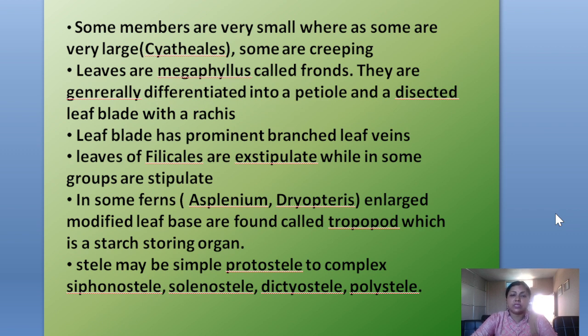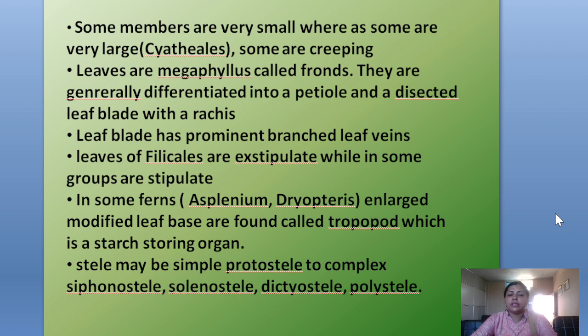Some are creeping, and the leaves are mainly large, so these are megaphyllous leaves called fronds. They are generally differentiated into a petiole, a dissected leaflet and ridges.